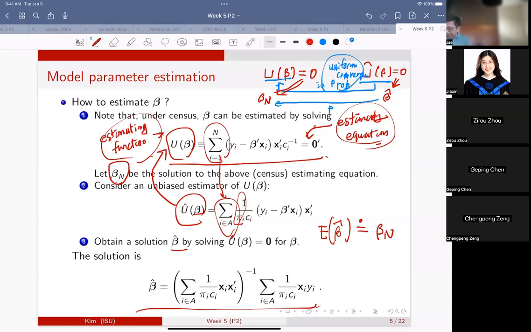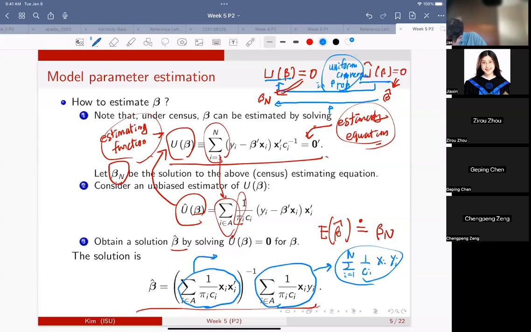At least this part will converge to the population summation of 1 over Ci, Xi, Yi. And this will converge to the population-level sum of 1 over Ci, Xi, Xi prime. So in the limit, this beta hat will converge to this inverse times this, which is beta.